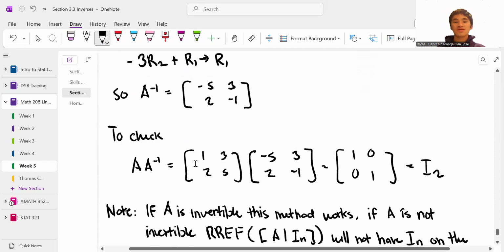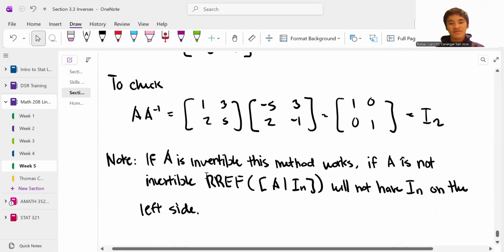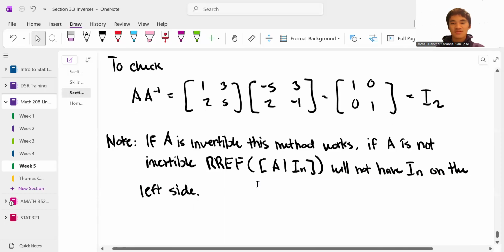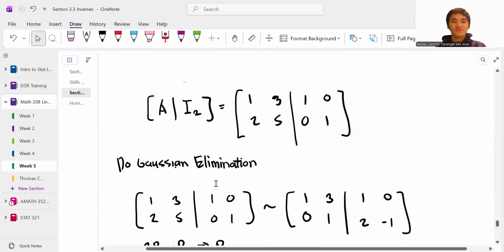So this is one of those cases where reducing it to RREF using Gauss-Jordan elimination is useful for finding an inverse of a matrix.